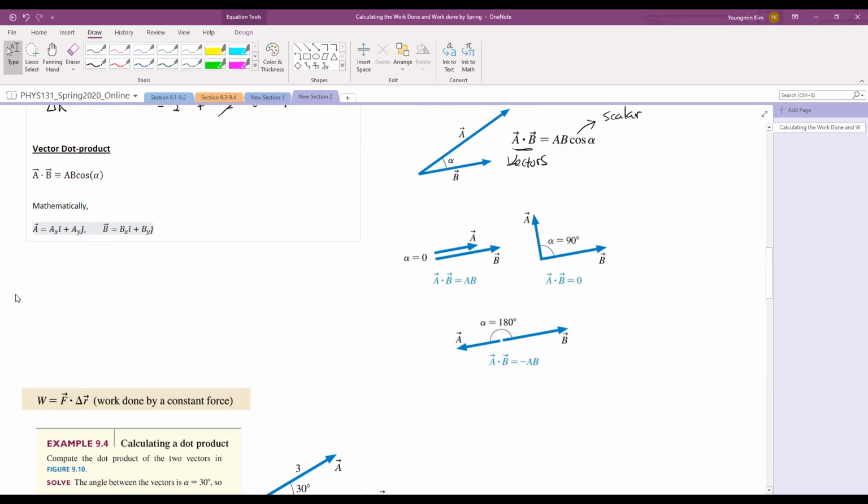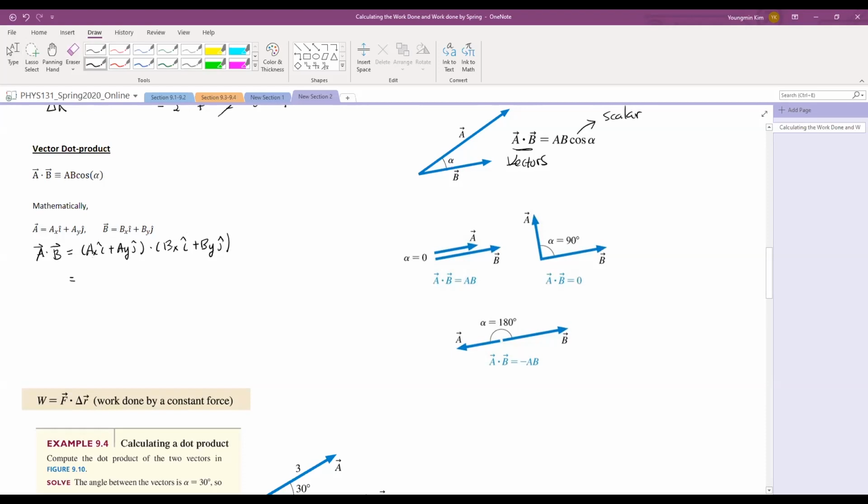So what does it mean to have a dot product between A and B? Well, that simply is saying a_x i plus a_y j dotted with b_x i plus b_y j. And here you use the distributive law, multiplying each component separately.